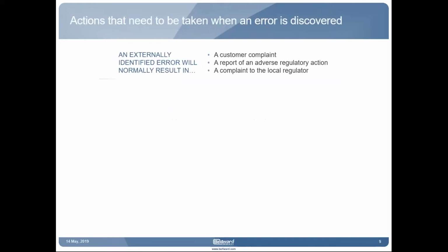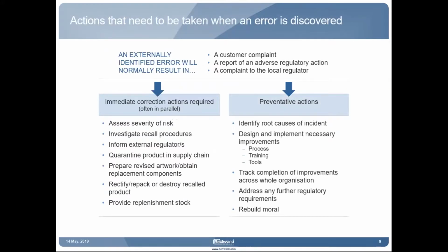Again, let me just pull up this slide. So when an error happens, there's really two sets of activity that need to be done. And again, hopefully most of you are familiar with the principle of CAPAs. So on the left-hand side here, you've got the corrective actions that need to be done to sort the issue that's been identified and restock the marketplace.